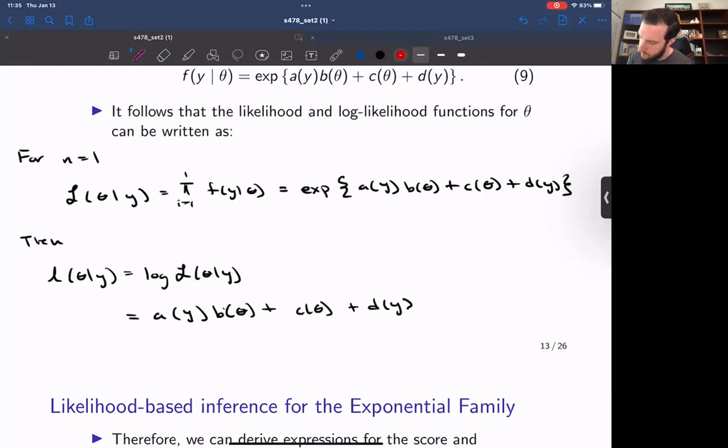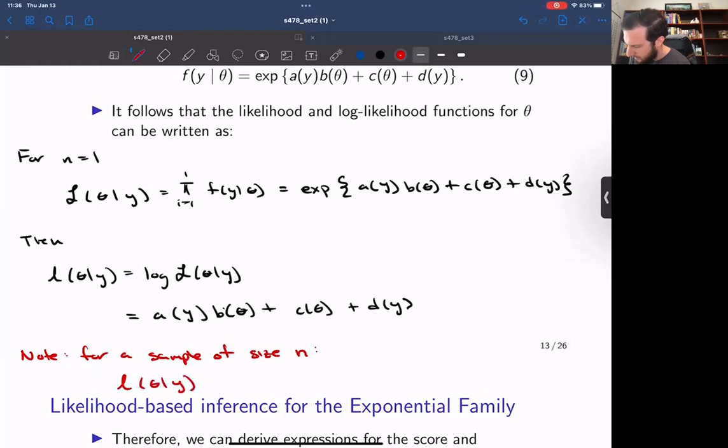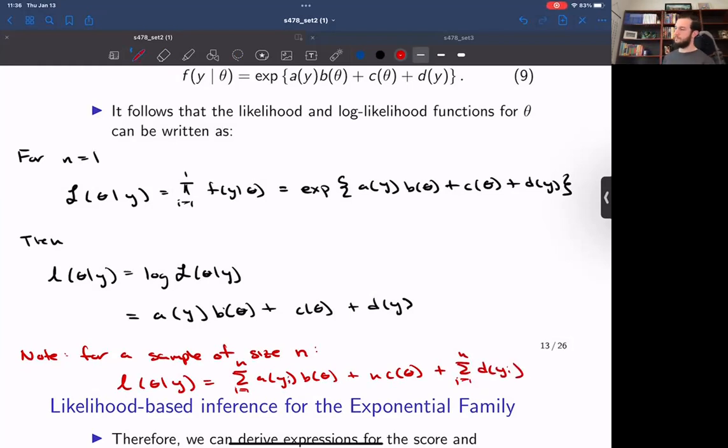So we could say, note for a sample of size little n, L of theta given y will be equal to the sum from i equals 1 to n of A of y_i B of theta plus n C of theta plus the sum from i equals 1 to n of D of y_i.